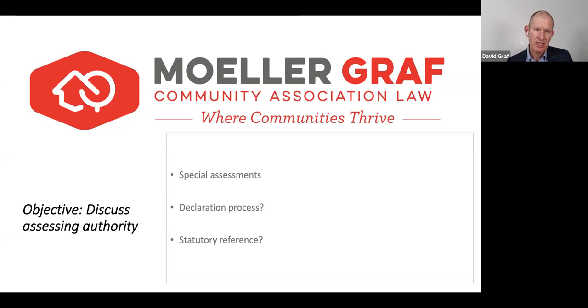So special assessments. Now, if the declaration does not provide for special assessment authority, you arguably can't do one as it's commonly referred to, meaning you can't just say the board voted and you have to pay a special assessment of $2,000 per unit, for example. Don't have that authority.